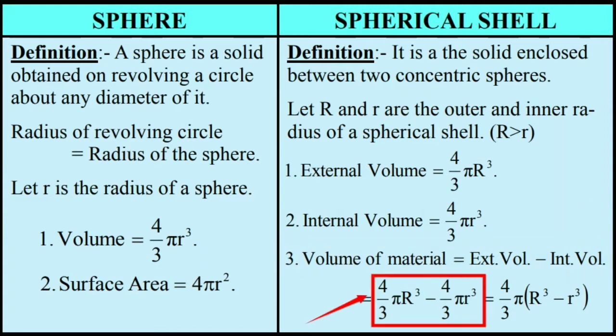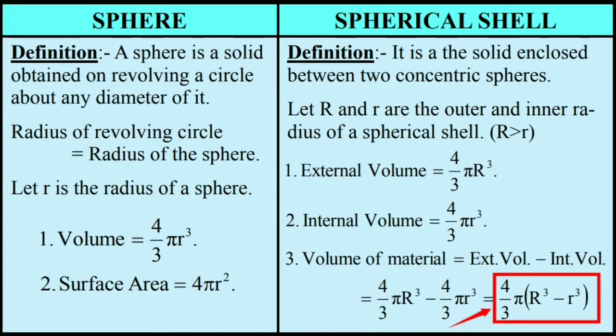The expression is 4 by 3 pi capital R cube minus 4 by 3 pi small r cube, where 4 by 3 pi capital R cube is external volume and 4 by 3 pi small r cube is internal volume.